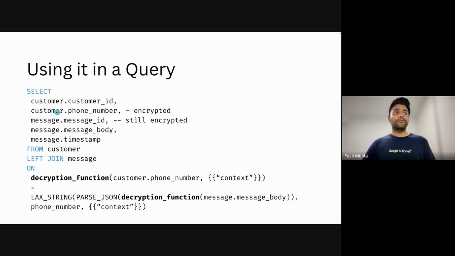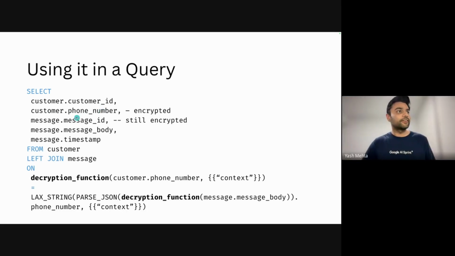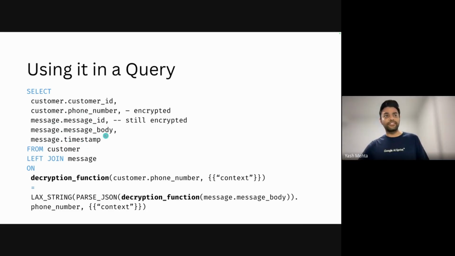From the customer table, I'm getting the phone number. It's encrypted. We never decrypted it, right? It's just encrypted here. I pick the message dot message ID and message dot message body. I'm getting the message ID, the full message, and timestamp, and everything is still encrypted. I haven't decrypted anything yet.